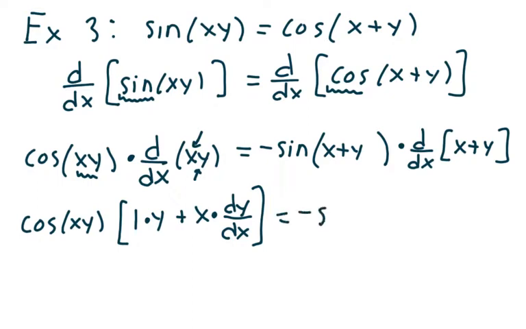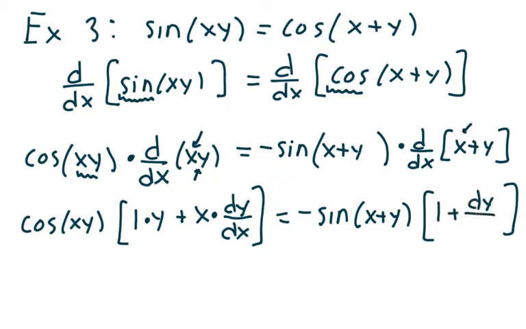On the other side, we get negative sine of (x plus y), and then the derivative of x is 1. The derivative of y is written as dy/dx because remember, you're differentiating with respect to x. So I'm going to distribute this.